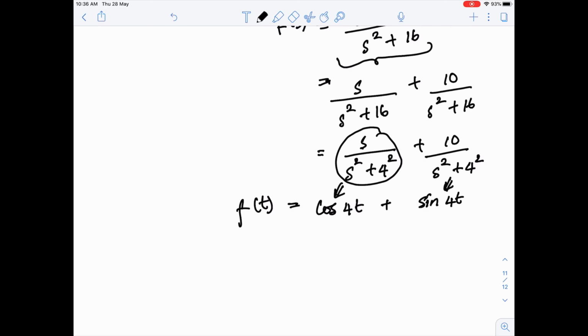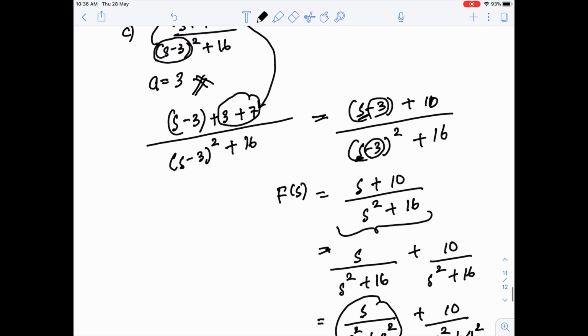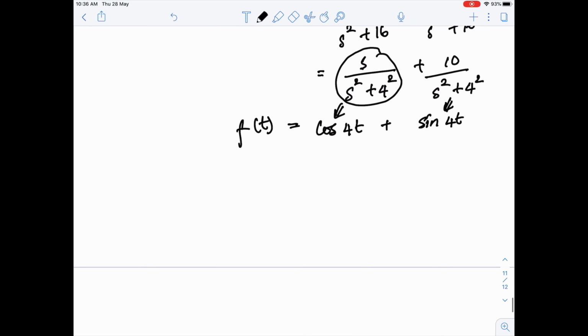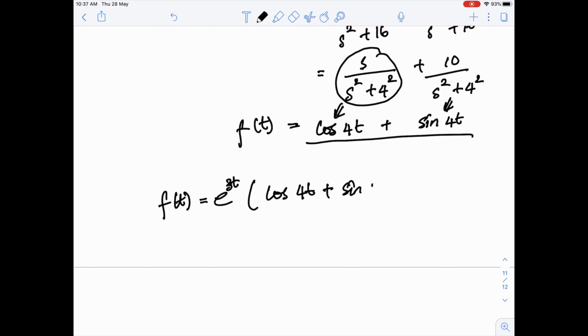Since you already got your a here, we represent e to the power 3t here, and then your final answer is this. You combine e to the 3t with the one you obtained here, which is cos 4t plus sine 4t.